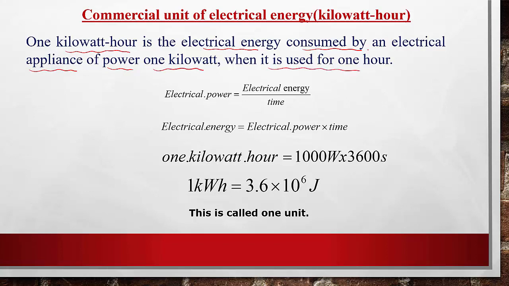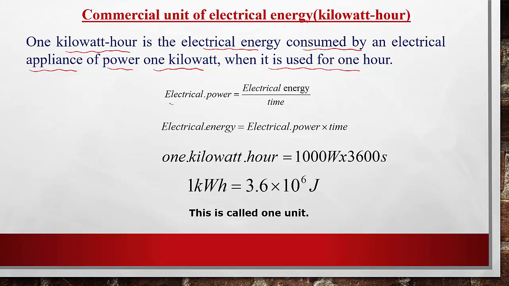Electrical appliances can be a television, refrigerator, washing machine or any electrical motor. If such an appliance uses electrical power of 1 kilowatt for 1 hour, that gives a kilowatt hour.